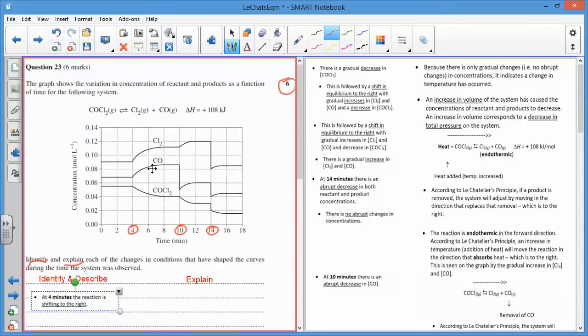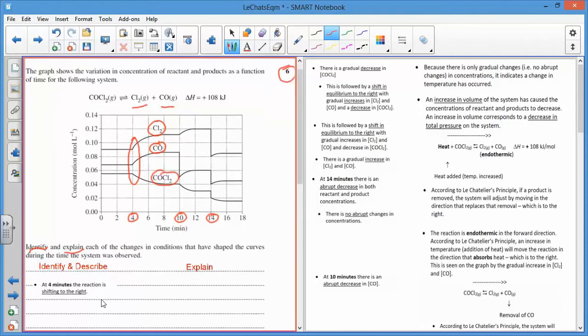Well, we've got increasing concentrations of your products, which are on the right, and you've got a corresponding decrease in your reactant. What you do notice as well is there's no sharp or abrupt change in concentration. These changes occur gradually, so that indicates that we've got a change in temperature.